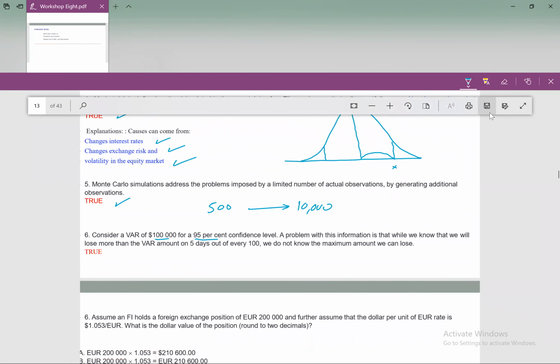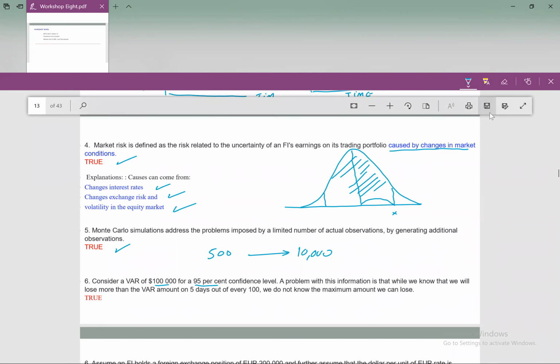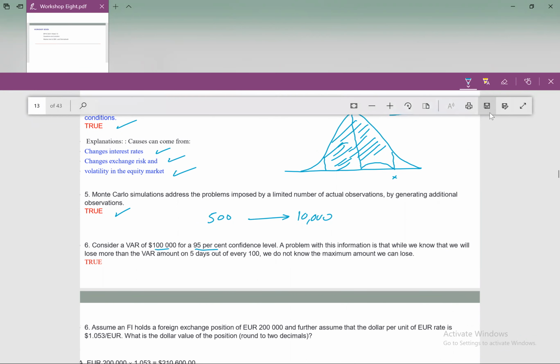If this is 95%, then this is 2.5% one tail, and this is 2.5% the other tail, which is 5 days out of 100 days, it will be in this area and this area, which we don't know how much it is.